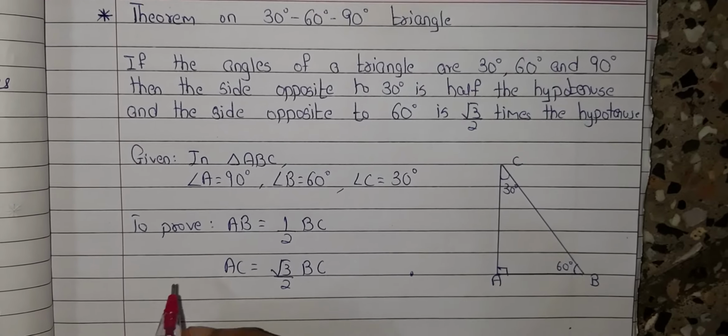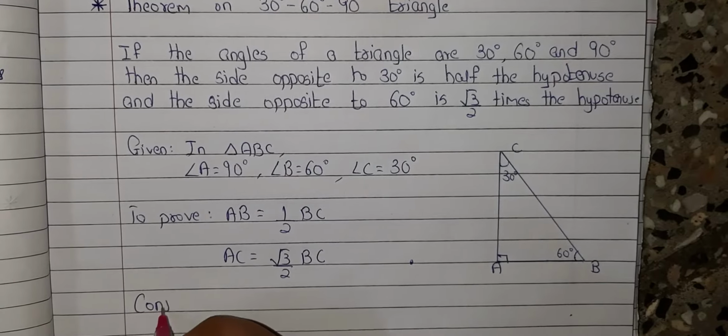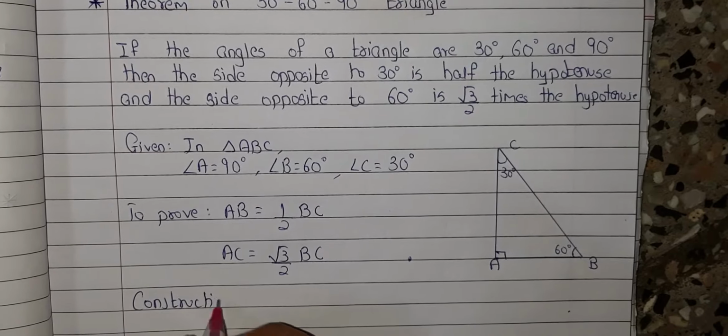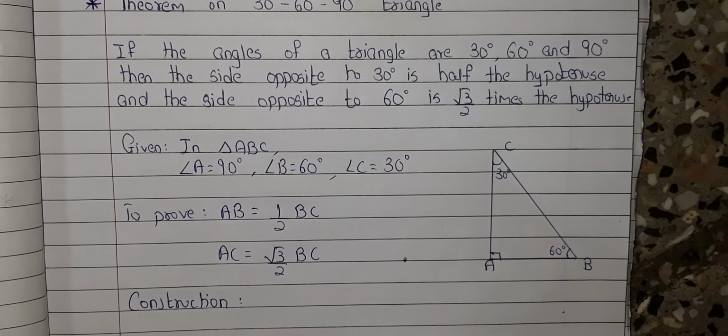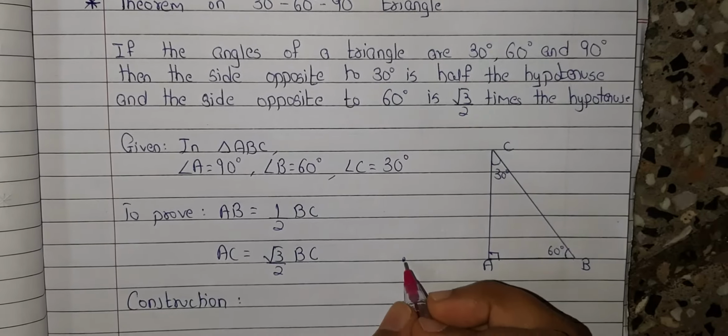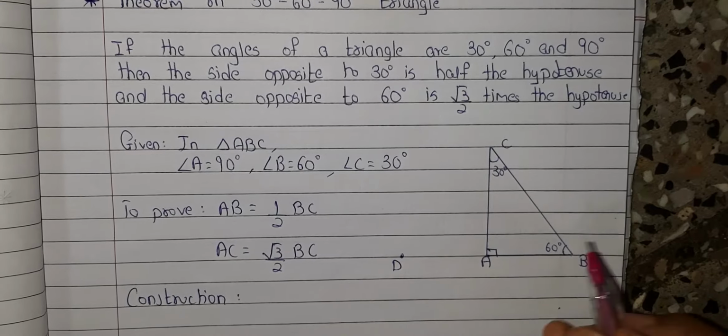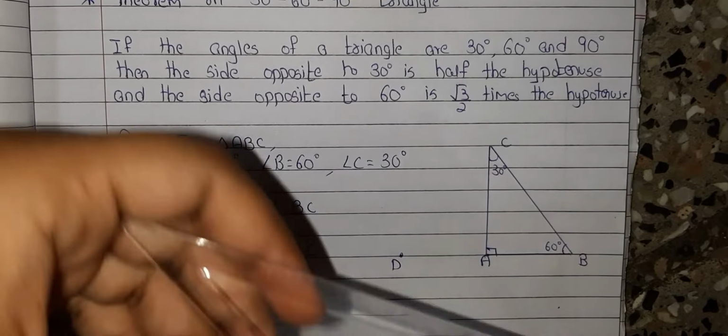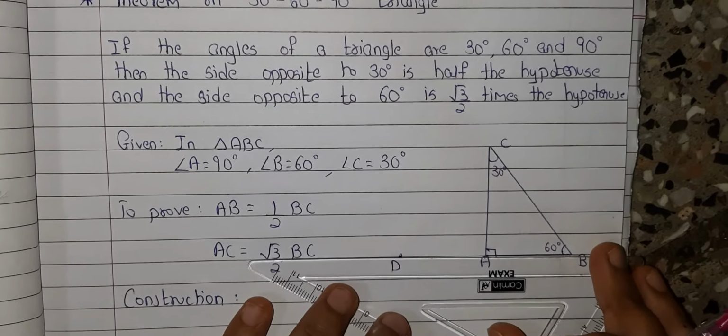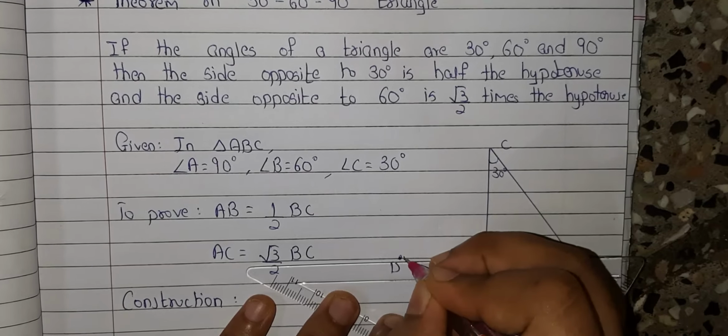So now to prove this we have to do some construction. So in construction, we will extend ray AB up to point D such that my AB is equal to AD. So I will draw this with dotted lines.